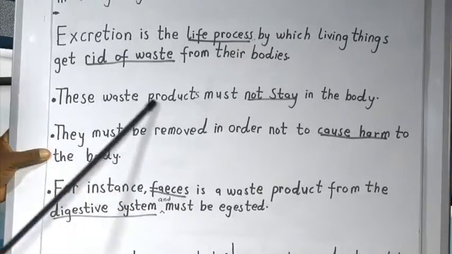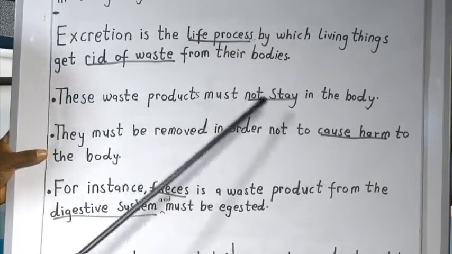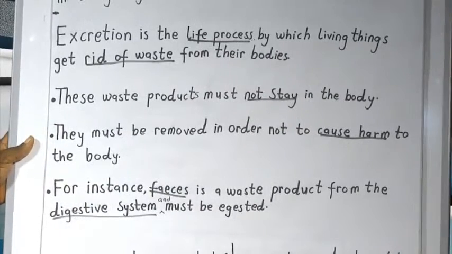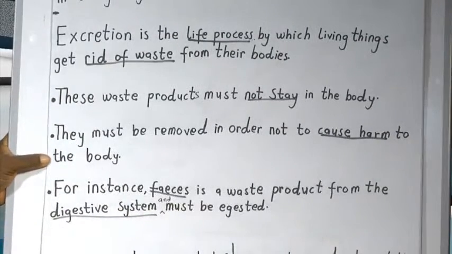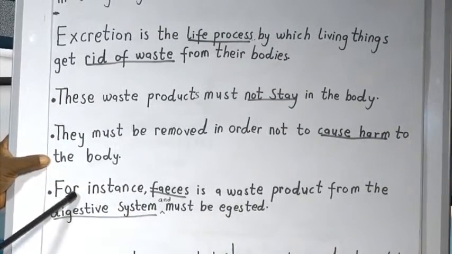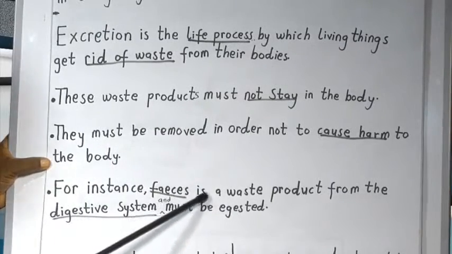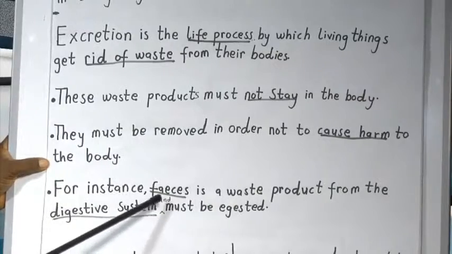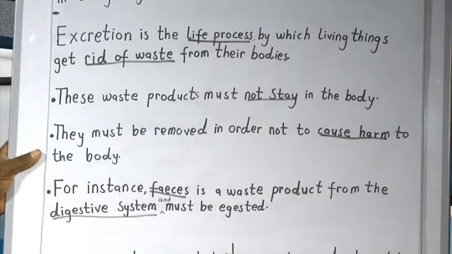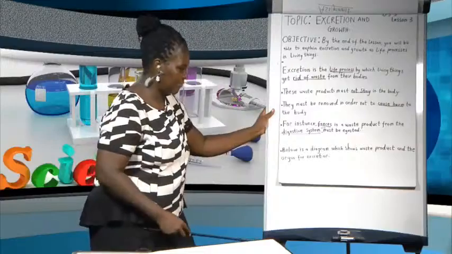So when these waste products stay in our bodies, they become harmful. So they must be removed in order not to cause harm to the body. For instance, as we said, feces is a waste product from the digestive system and must be what? Removed.